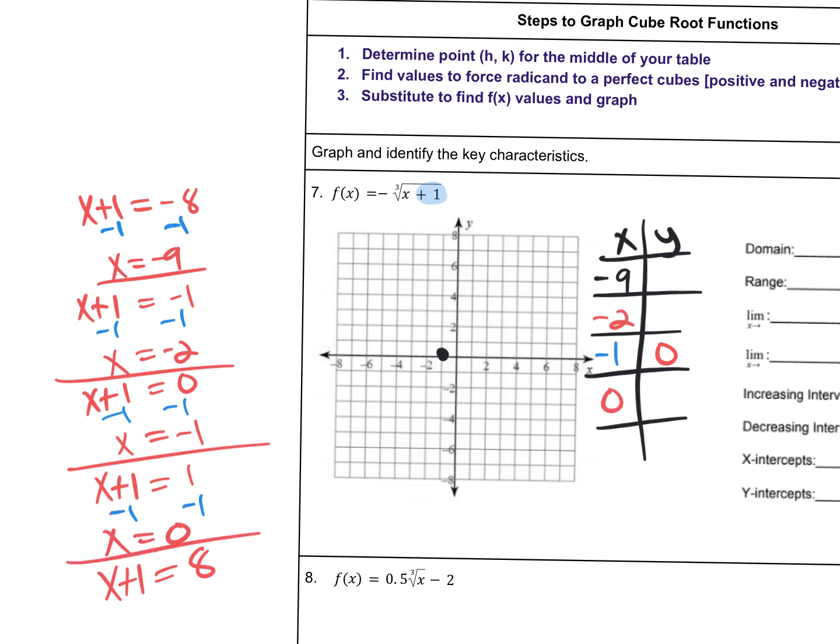Plug that as the 4th x value in the t-chart, and then subtracting 1 one last time gets us our final x value we want to use, which would be a positive 7. So once again, finding x values that are going to get us perfect cubes under the radical. That way, once we simplify that and evaluate, we can get some y values that would be easy to plot.